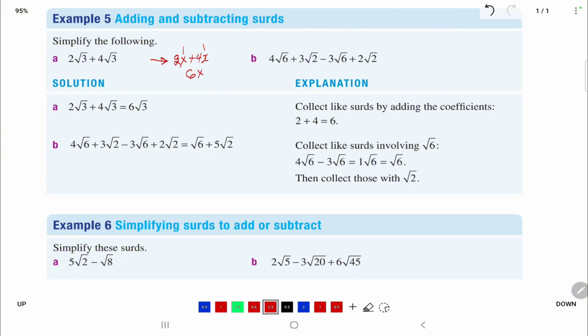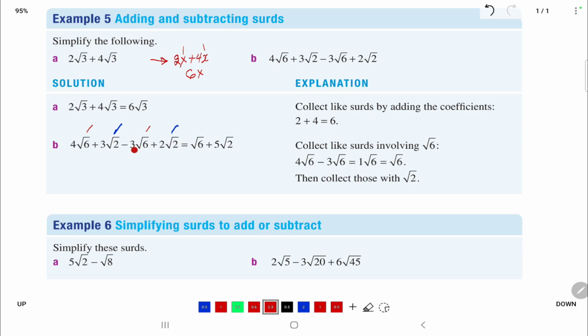Now we have terms that are similar: the square root of 6, and the square root of 2. So we have two terms with the square root of 6 and two terms with the square root of 2.